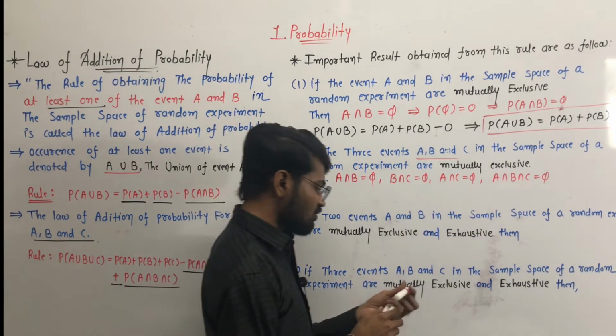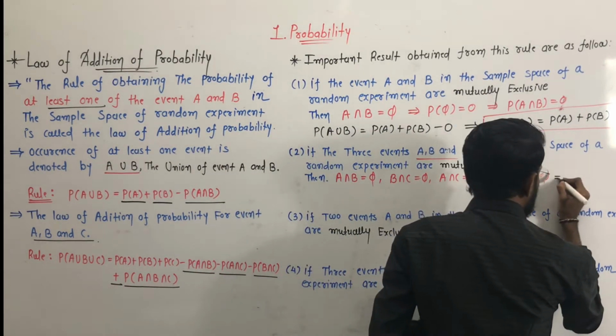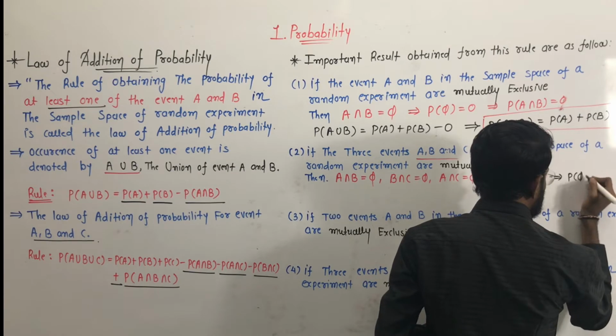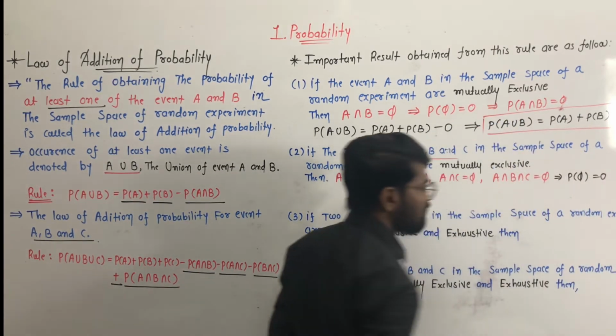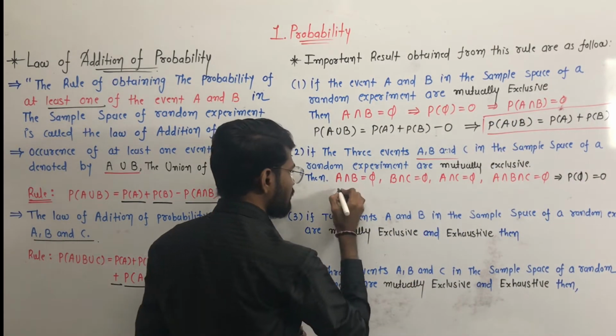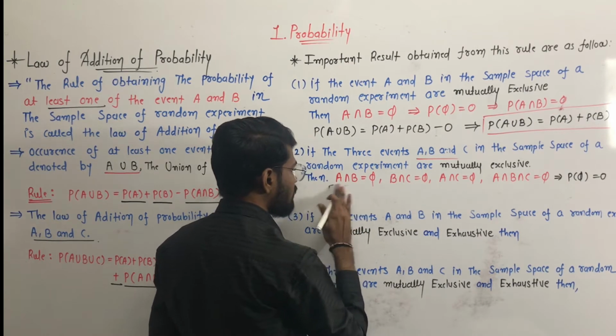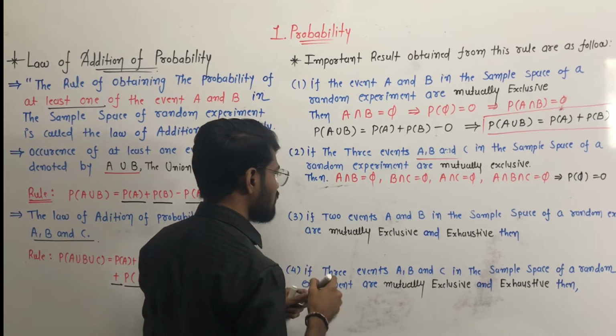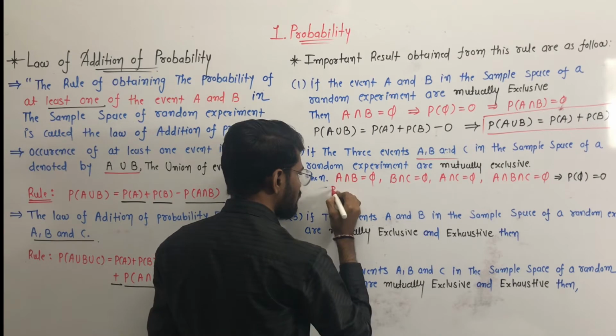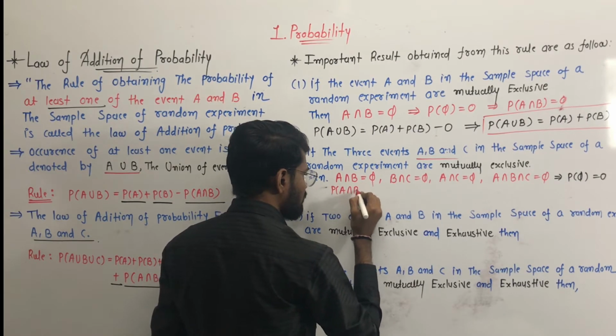And we know that the probability of φ, P of φ, is equal to 0. So the probability of the intersection of events A and B, which is φ, is equal to 0. Understand it? Okay.